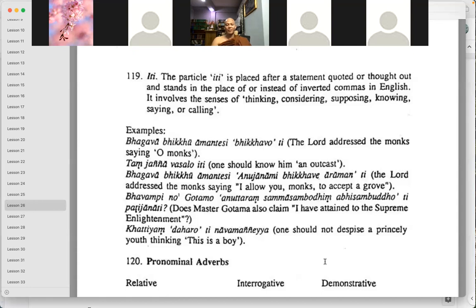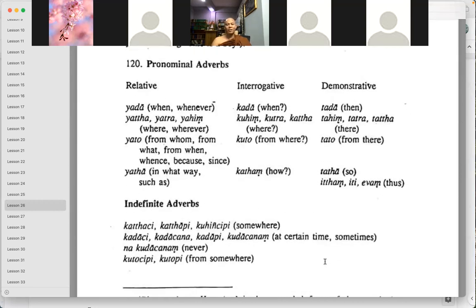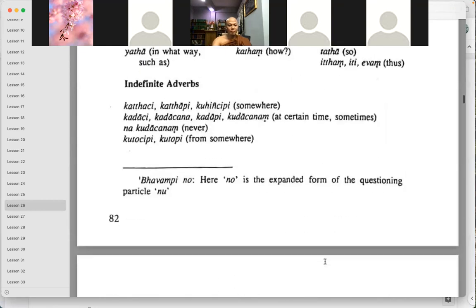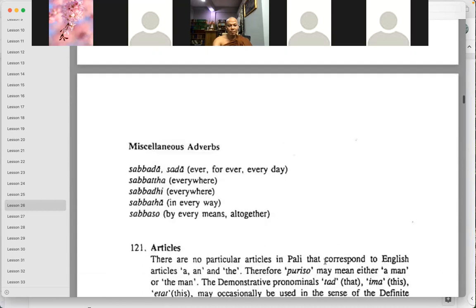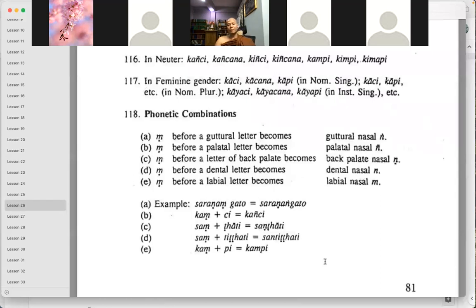Thank you, Bante. For 118, it's about changing the pronunciation. From the first day, Bante already guided us on what the guttural letters, palatal letters, and so on are.